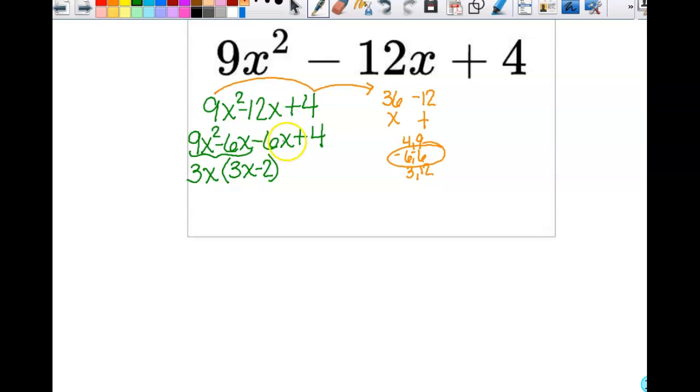Out of these two, if this is negative, I want to make sure I take out a negative. I can take out a 2, and that leaves me with 3x minus 2. So then once I'm here, I get 3x minus 2 when I factor those out, times 3x minus 2. Is there another way to write that?